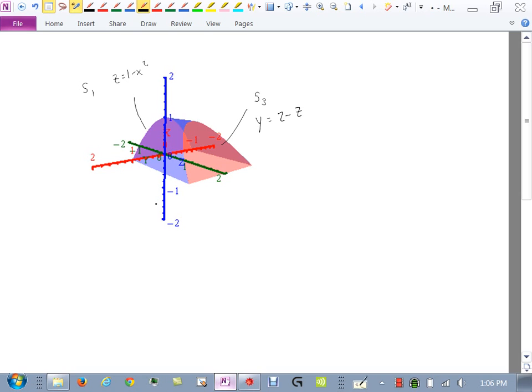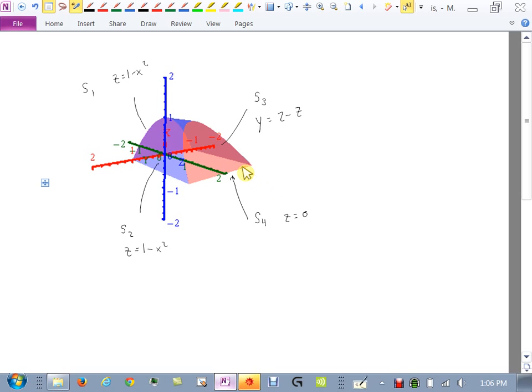And then this side right here, we'll call that S2. This is z equals 1 minus x squared. And then I didn't put it on there, but the bottom, call it S4. What's that? It's the xy plane, right? What's the equation of the xy plane? z equals 0? Okay.